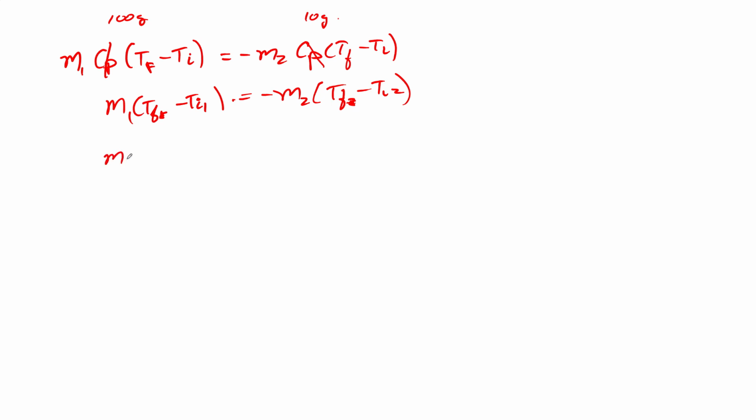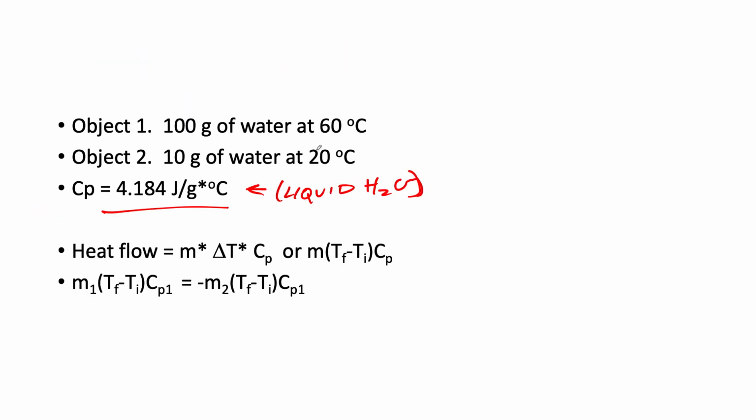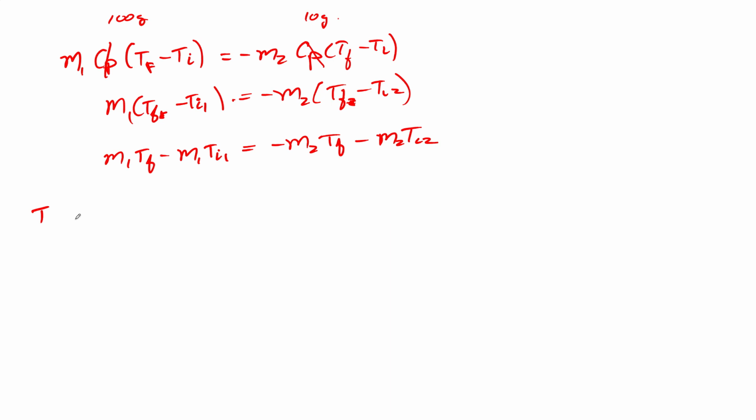So M1 times the final temperature minus M1 times the initial temperature is equal to minus M2 times the final temperature minus M2 times initial temperature 2. Well, the initial temperature on one side, remember, is 60 degrees, the other side is 20.